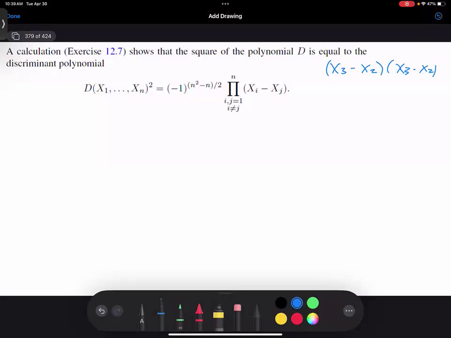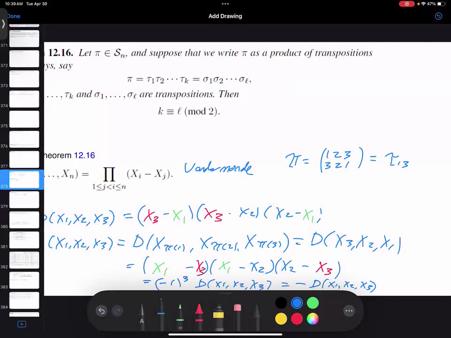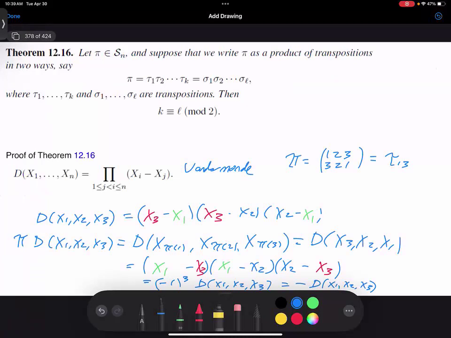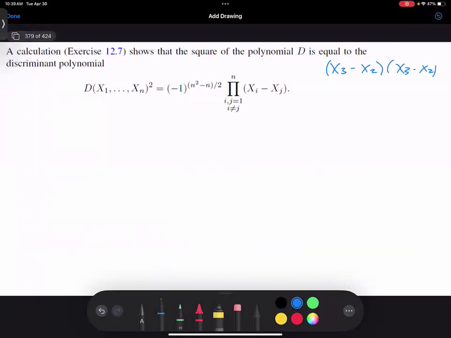But notice when we look at the product now, before when we wrote things for d, we always wrote things so that the large index was first, the small index was second: xi minus xj with i greater than j. When you look at how we're writing things when we square it, we're looking at all distinct pairs i and j. So I would have an x3 minus an x2 and an x2 minus an x3.